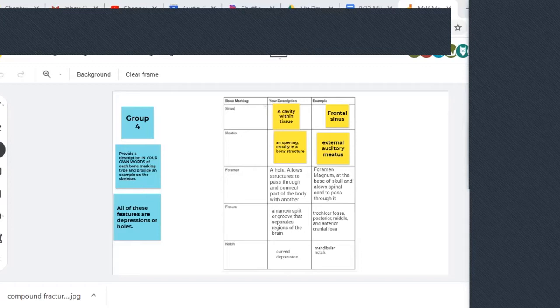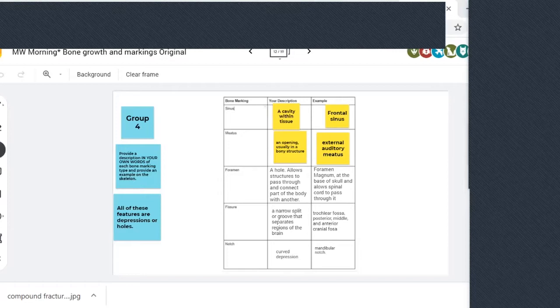So let's go over this together, y'all. These different parts. A tuberosity, which is the first one listed. First, I should say that all of these little parts that we're going to talk about first are prominences. So these are parts of the bone that stick out.